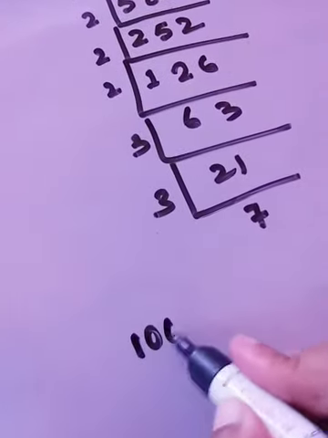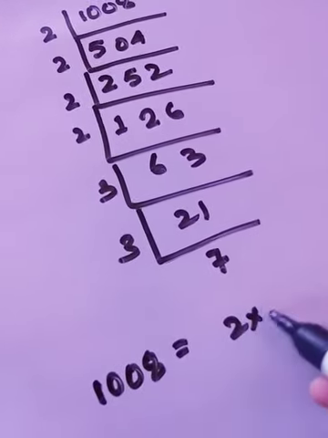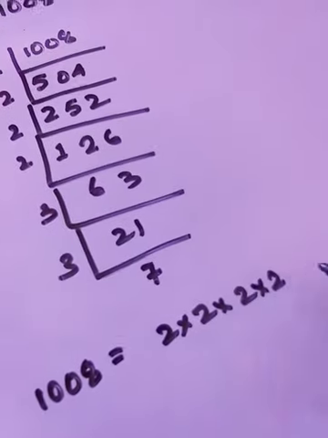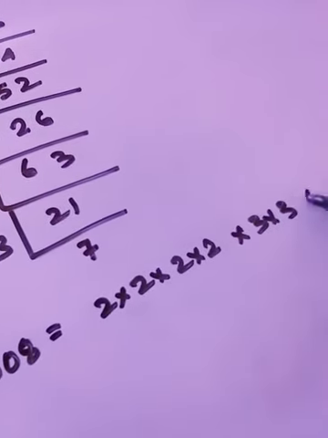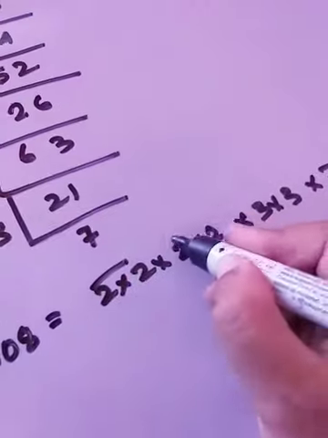Now if you write it down, 1008 is 2 into 2, 2 into 2, 3 into 3 and 7. So just make a pair.